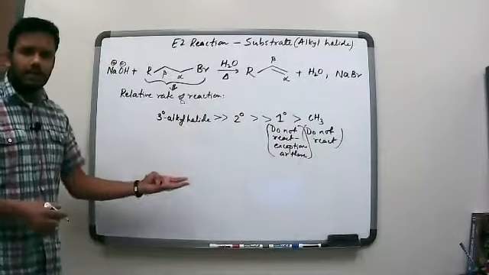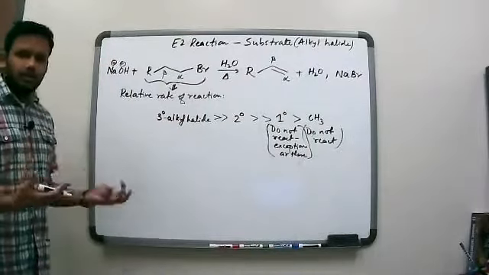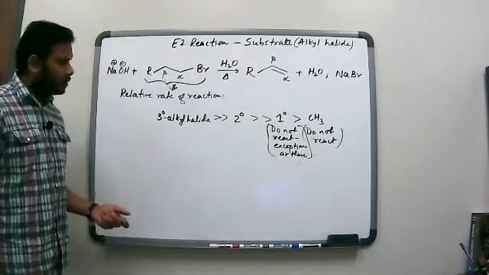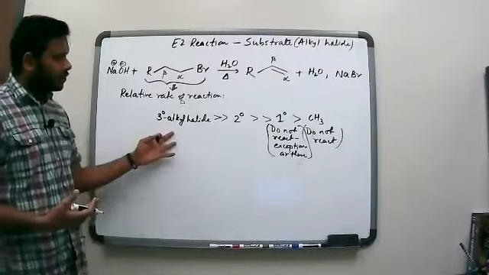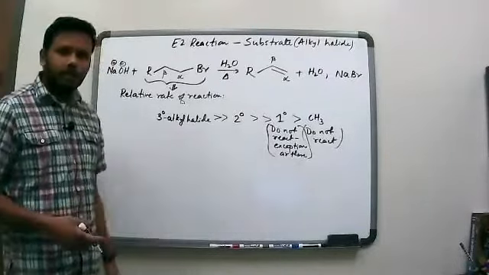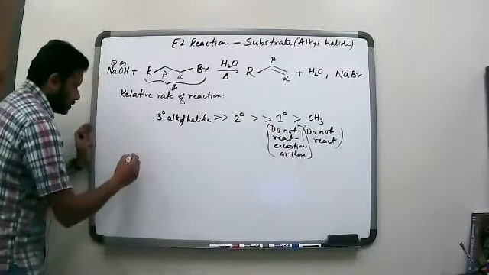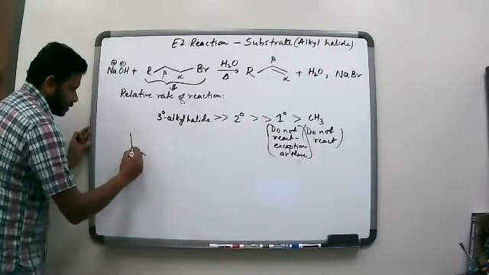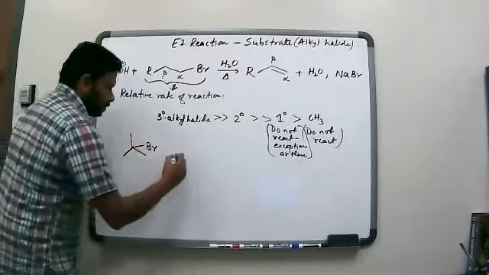So why is this the order? That's the obvious question that should come to our mind. If we look at, let's say, a tertiary versus a primary alkyl halide, let's draw out a tertiary alkyl halide, the one we used in our video earlier.